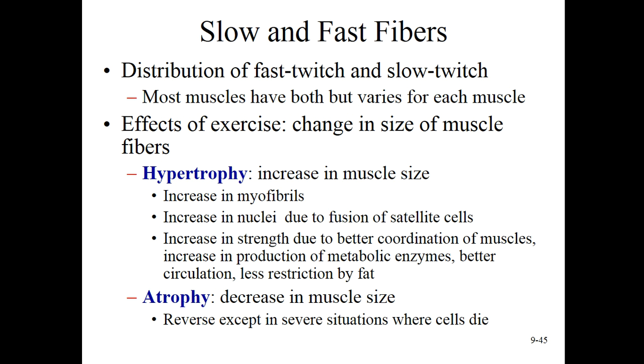Now we can change the relative proportion of fast twitch and slow twitch through exercise. And of course, we know that we can grow new muscle tissue, increasing the overall size of the muscle. This is called hypertrophy. So a football player ramping up for season, or a weightlifter really getting pumped up and ready for a big tournament or a show, whatever, a competition.